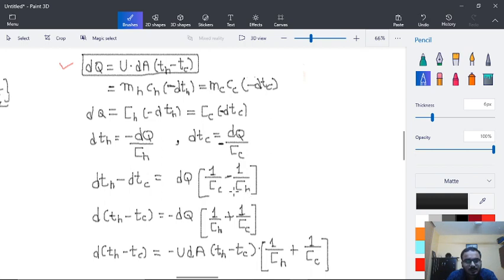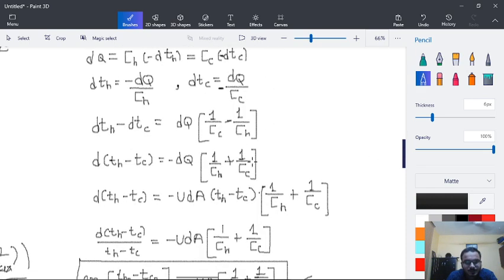You can check this by yourself when you take the difference dTh minus dTc. This will be plus everywhere.